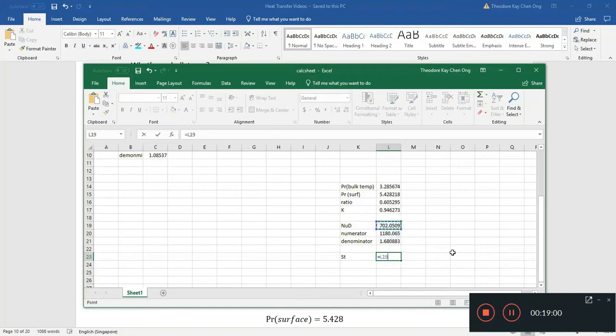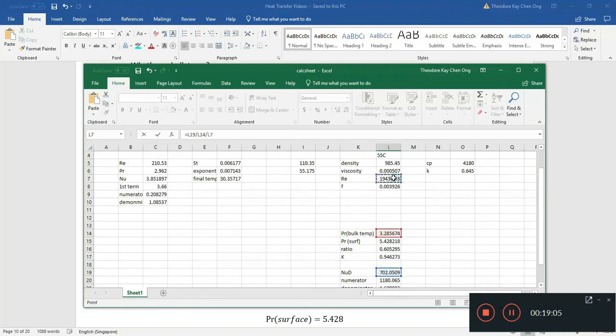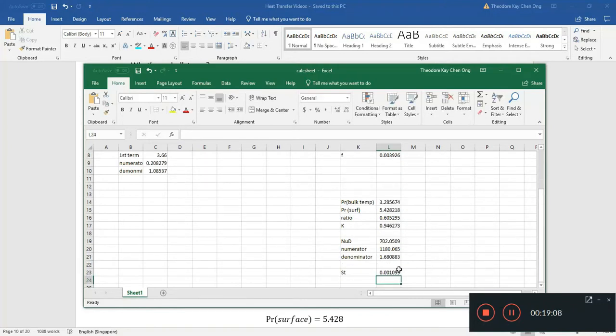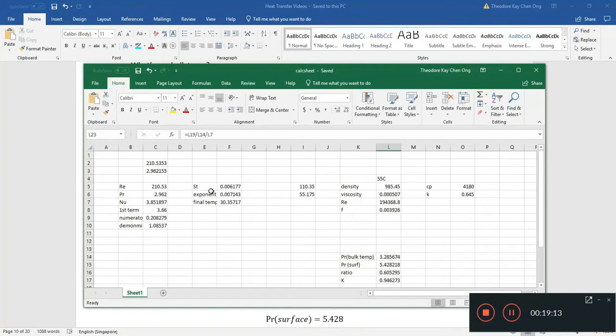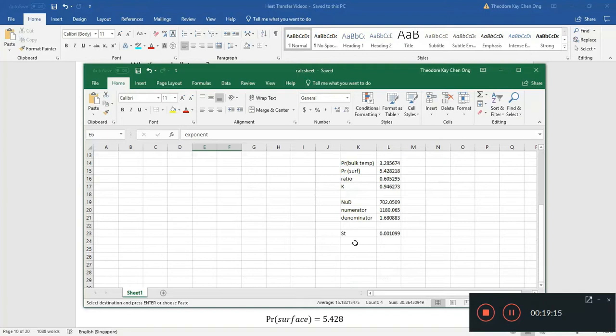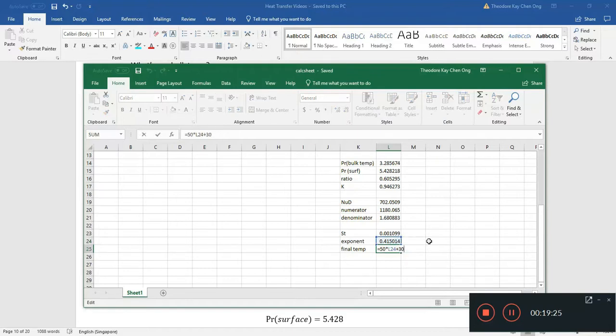Equals Nusselt number divided by Prandtl number divided by the Reynolds number. So this is our Stanton number, 0.001099. So we'll look for our exponent and the final temperature. Now that doesn't make sense at all, right?